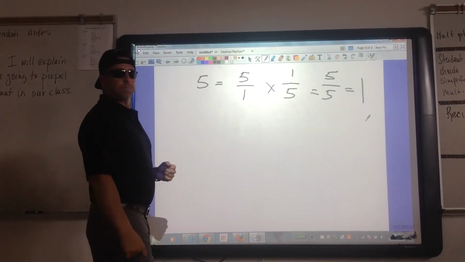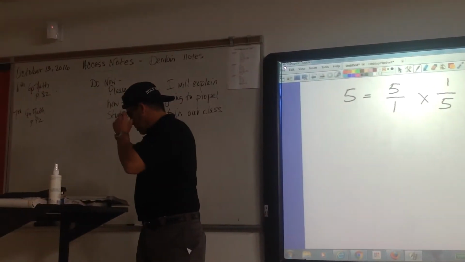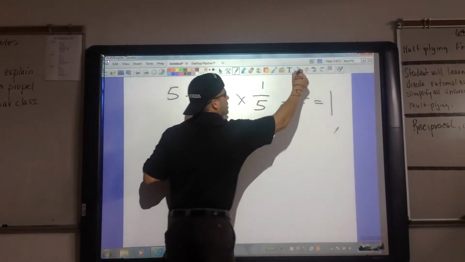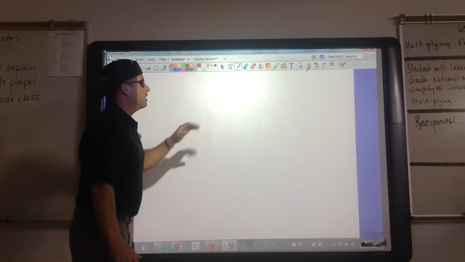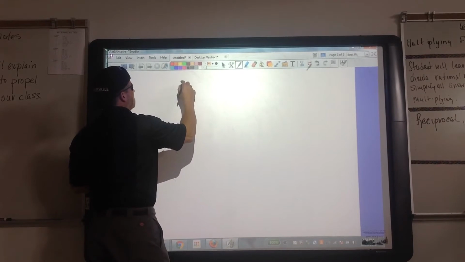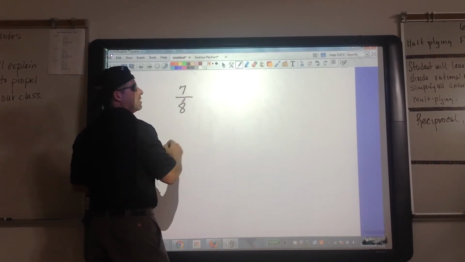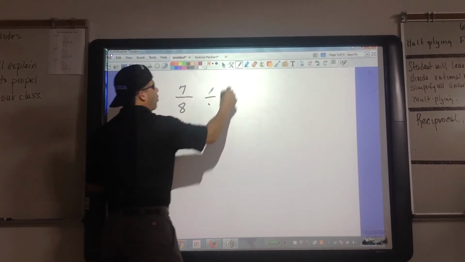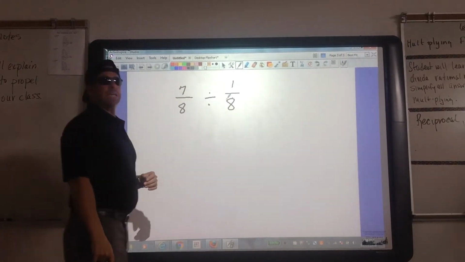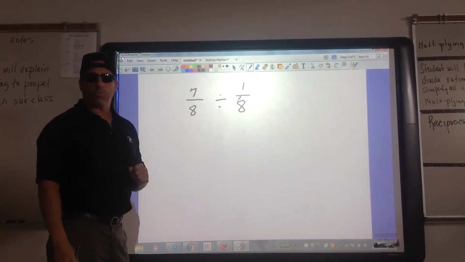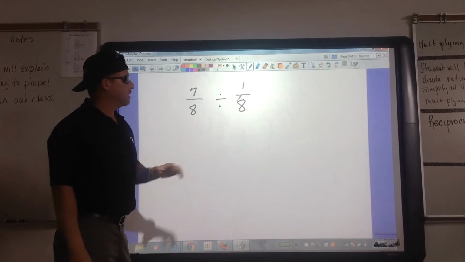Let's just take any fraction. I'll do 7/8 divided by 1/8. Here's what you do. It's a 3-step process.